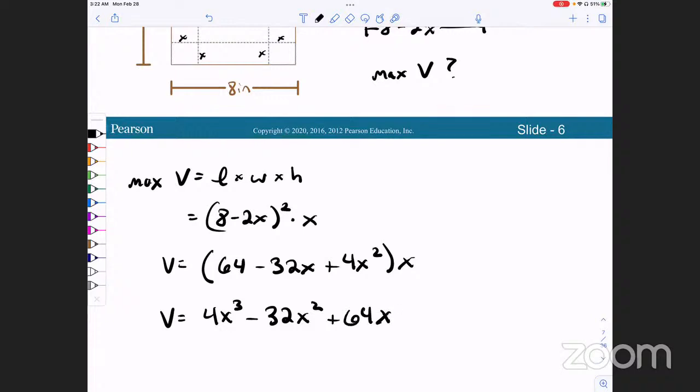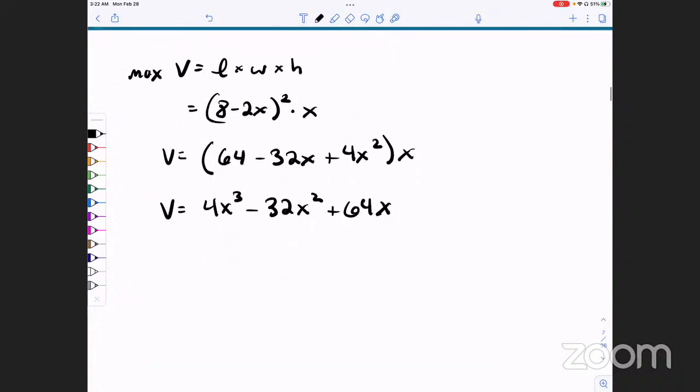If we want to maximize this, we need to look at V prime, or take the derivative and find the critical values. So then V prime is 12x squared minus 64x plus 64. We want to set this equal to 0 and solve to find our critical values.